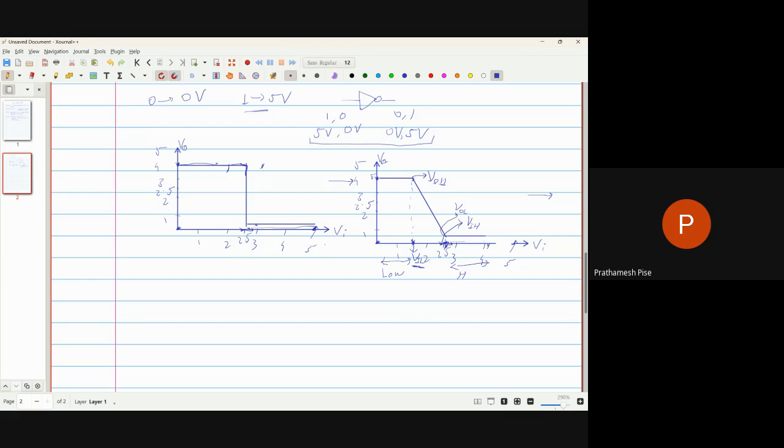So if the voltage is in between these two points, the logic output will not be defined.